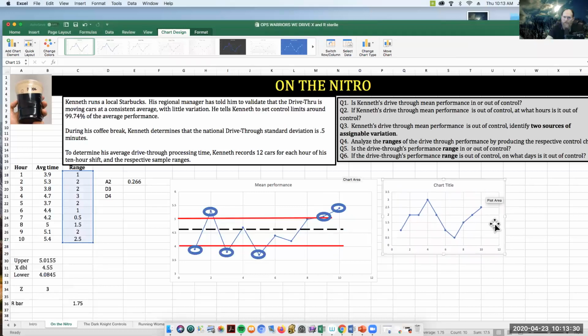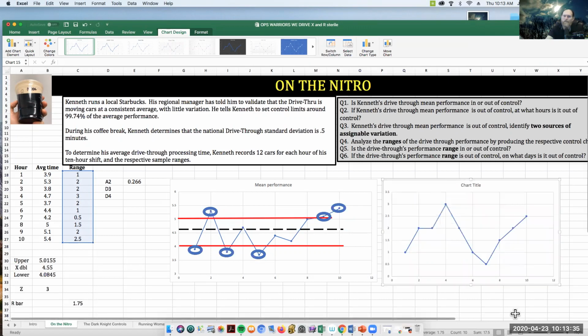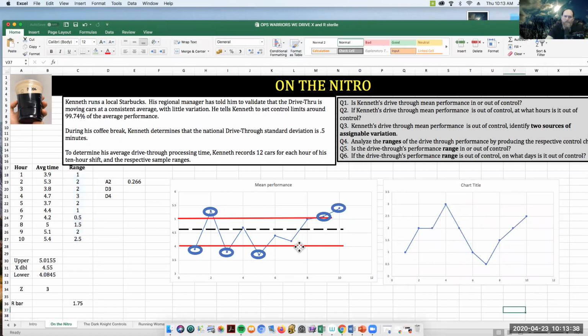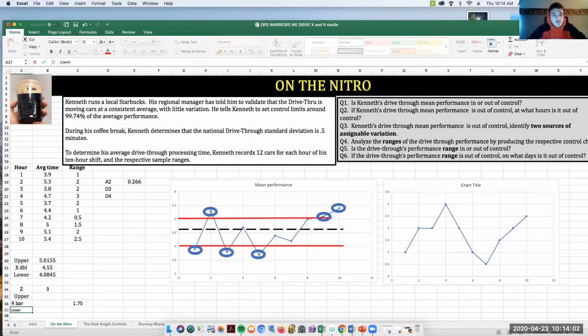All right. Okay. And Josh, what should I do next, do you think? Since we already found our R bar, we can find the upper and lower level for the range. Okay. So how do we do that? We would find the D3 and D4 like Myra said, and use that to find the upper and lower level. Okay, so let's do that.